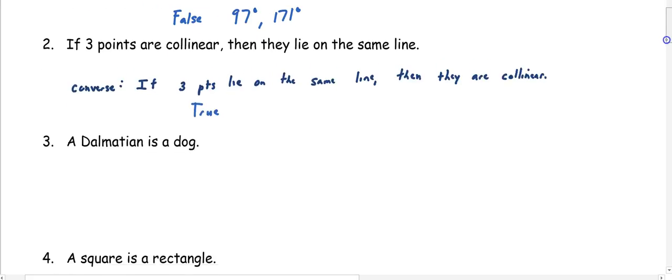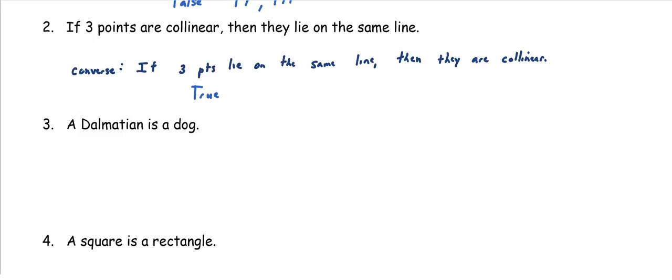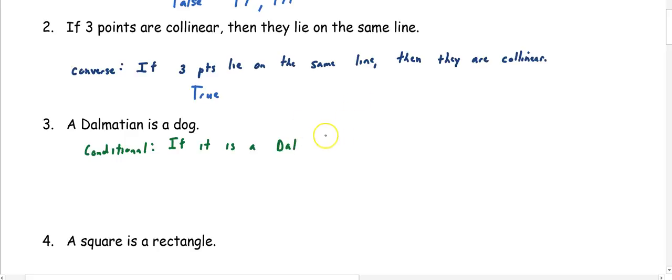Number three, a Dalmatian is a dog. So in this case, we don't have our conditional, so we need to write that first. So we first need to make an if-then statement. So our conditional here could be if it is a Dalmatian, then it is a dog. So our converse, then we're going to again switch the order of our hypothesis and conclusion.